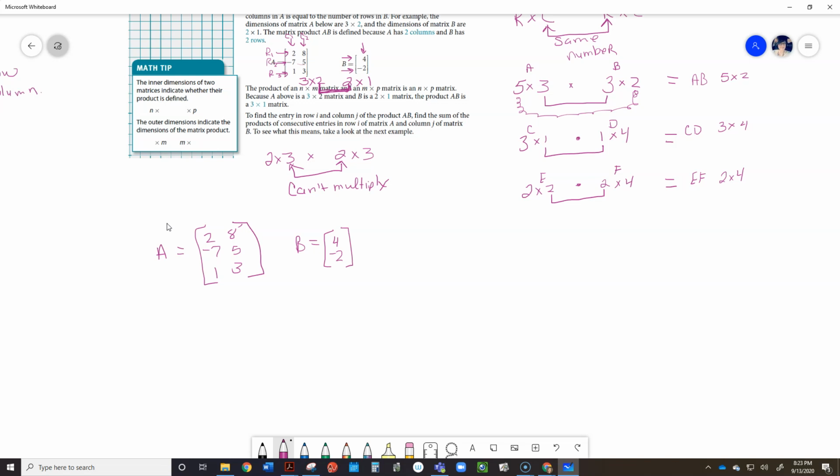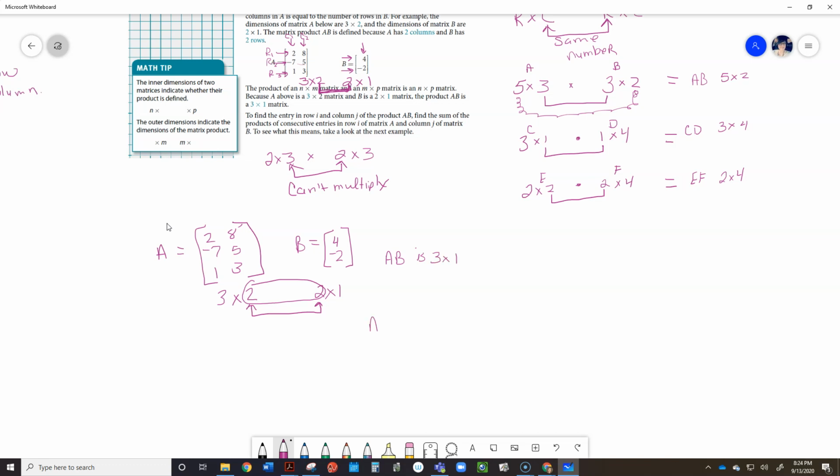Okay, so we said this one right here is 3 rows by 2 columns. This is 2 rows by 1 column. So we know that we can multiply because these two match. You can circle them, or whatever method you want to use for checking that these must be the same. The AB matrix will be what size? It'll be a 3 by 1.